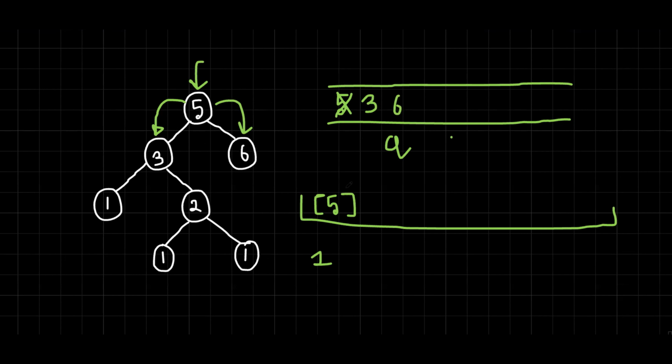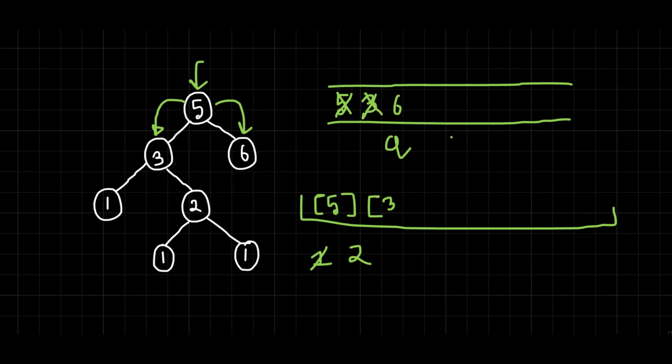Now, the first level we have calculated is 5. The queue size is now 2. So we insert the first value, 3, into the vector and remove it from the queue.